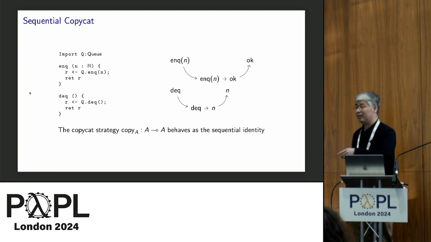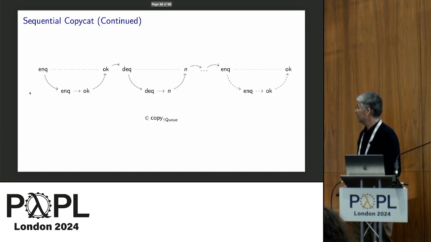It's like an eta redex. And this is what a copycat for each method inside a queue might look like. Now, if you try to potentially invoke multiple methods on this queue, the copycat will look like this. The opponent will call enqueue, then the system calls the enqueue to the underlay, and so it will compose like this.